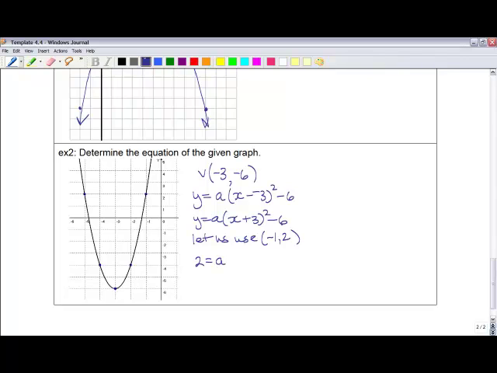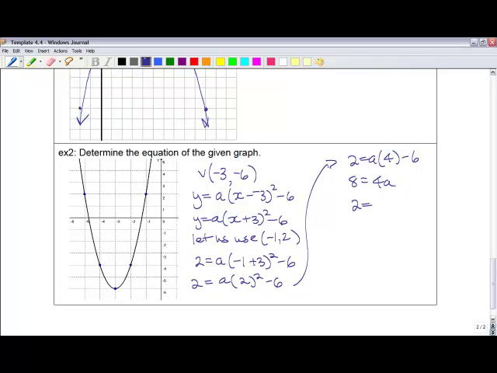So let's plug in 2 for y: -1 plus 3 squared minus 6. -1 plus 3 is +2, squared, minus 6. We can add 6 to the other side to make it 8 equals 4a, and dividing by 4 we get a equals 2. So the a value is 2.